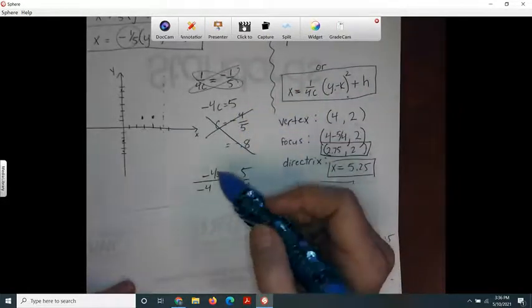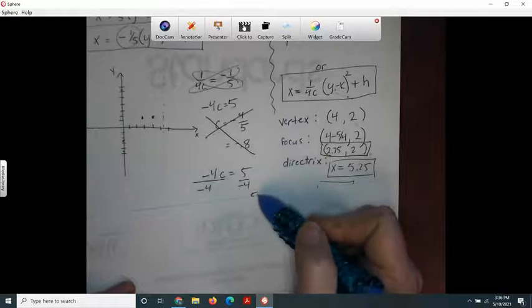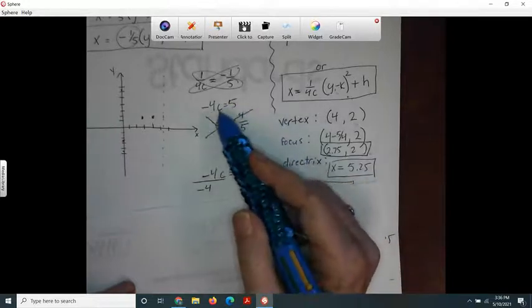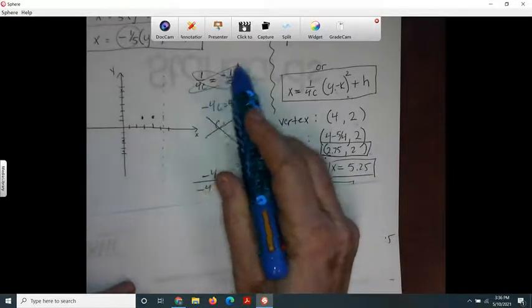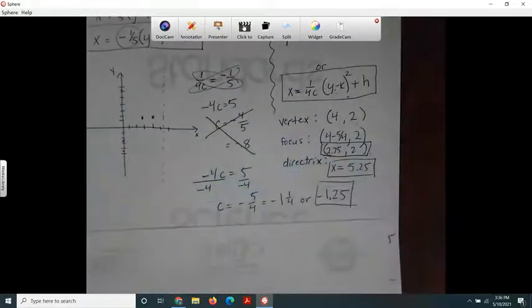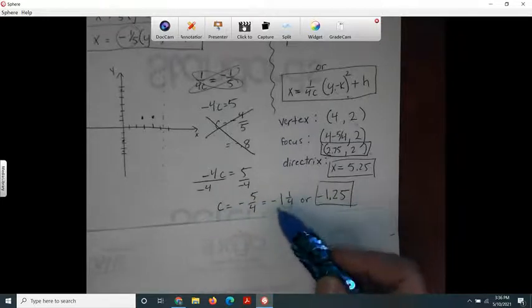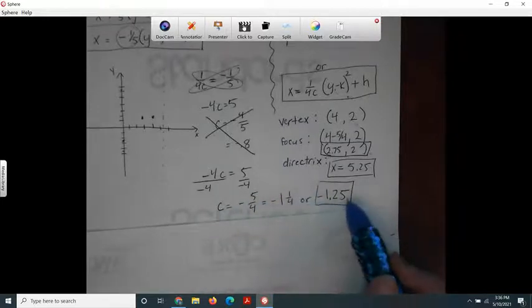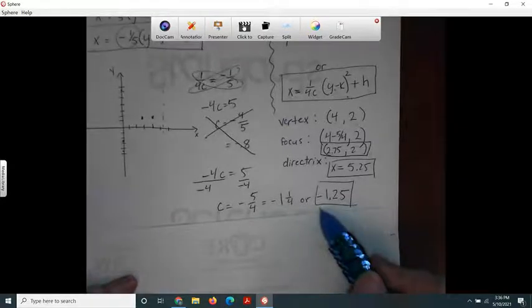I got negative 4c equals 5. So divide both sides by negative 4, and you'll get c is negative 5/4, or negative 1 1/4. Let's just call it negative 1.25. So that's the distance from my vertex to my focus.